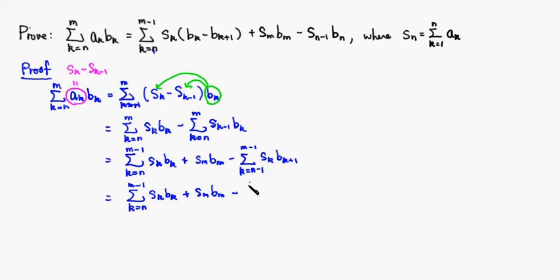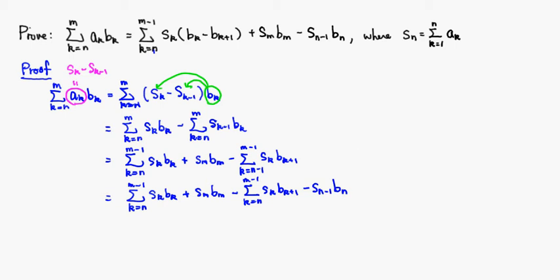This guy, if I start from k from n to m minus 1, s_k b_(k+1), then I will still have to have the first term, with the negative sign, and the first term would be s_(n-1) times b_(n-1+1), which is b_n. Alright, then we're basically done.